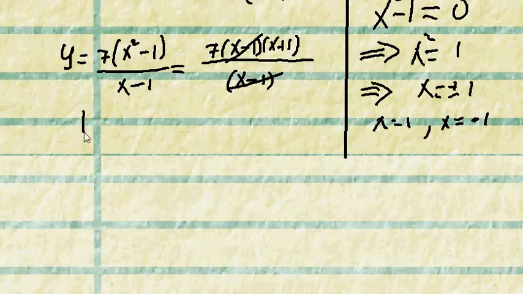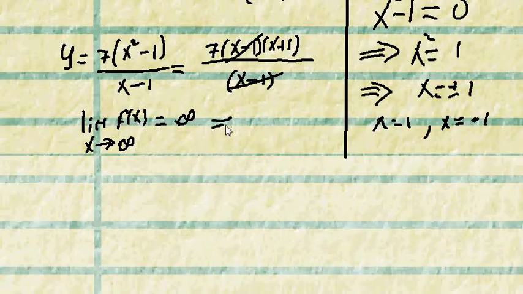The limit of f of x, the formal name of the function y, as x approaches infinity is equal to infinity because the degree of the numerator is greater than the degree of the denominator. So this implies no horizontal asymptotes.